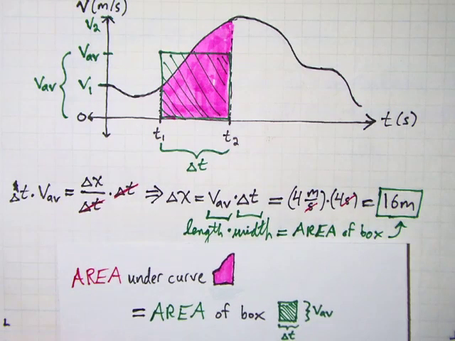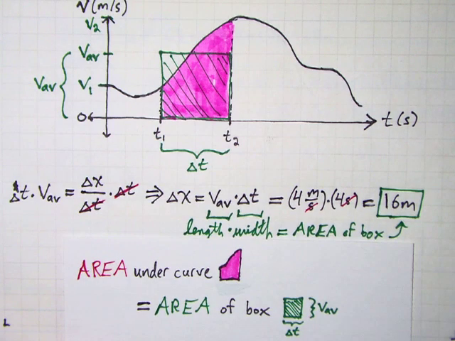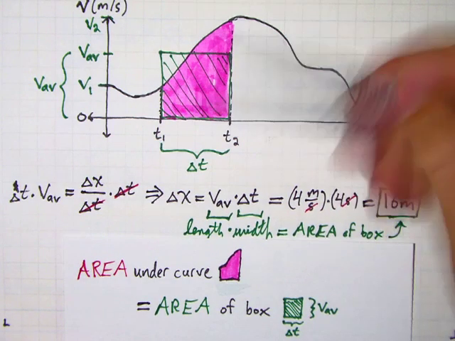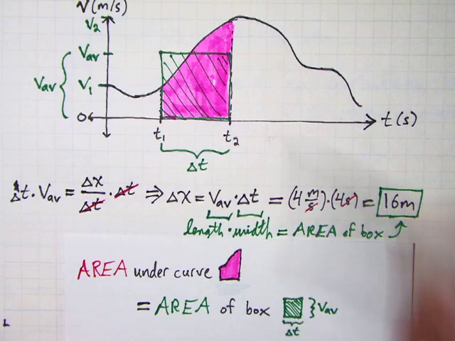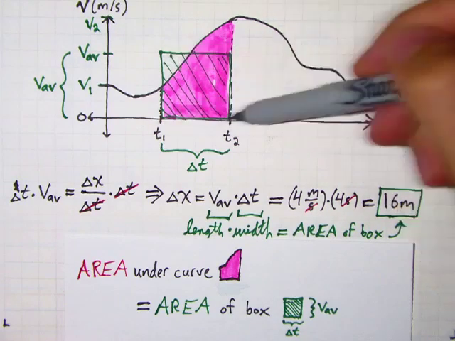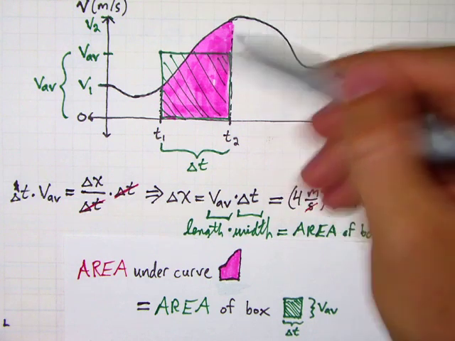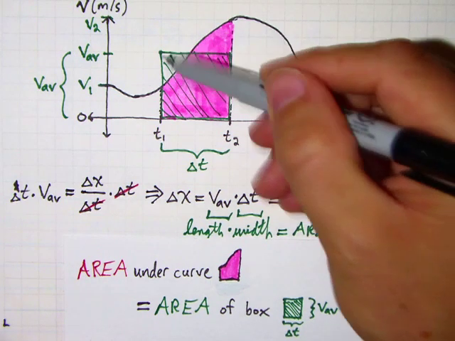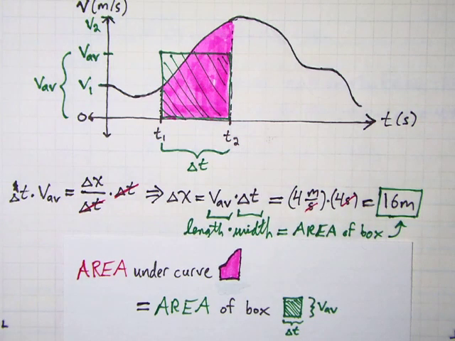I can't prove it, not without some calculus, but I'm claiming that the area under the curve from T1 to T2 is exactly equal to the area of this box made from the average velocity and the time interval. I'm saying that these two areas are the same. Do you believe me? Could you look at it by eye and kind of convince yourself that if you cut off this little chunk up here, it would fit into this piece right here, and this box area would be the same as that pink area?